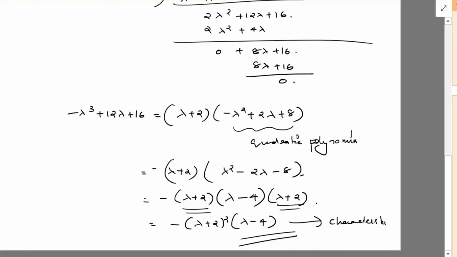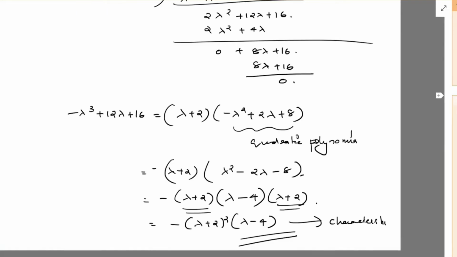So we have factorized the characteristic polynomial into lambda plus 2 the whole square into lambda minus 4. Now we can say what the roots of this polynomial are. This will become 0 only when lambda equals minus 2 or lambda equals 4.